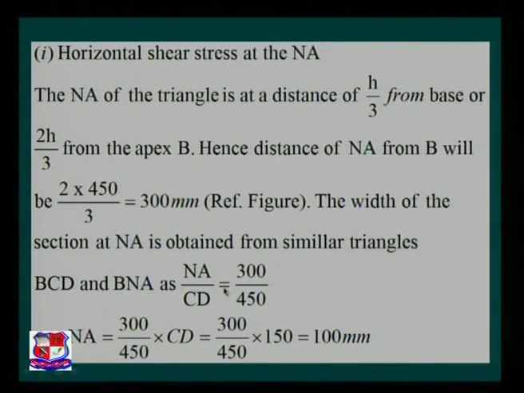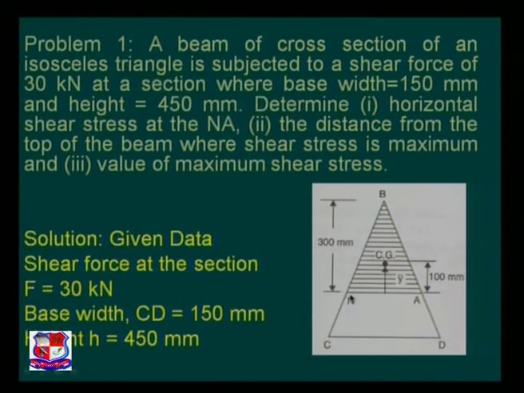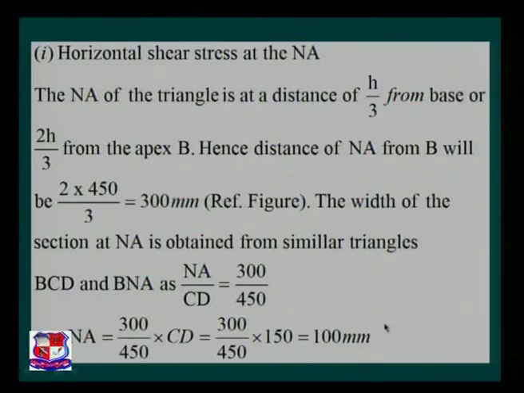NA by CD is equal to 300 by 450. NA divided by CD is equal to 300 by the total height of 450. So NA is equal to 300 by 450 into CD.